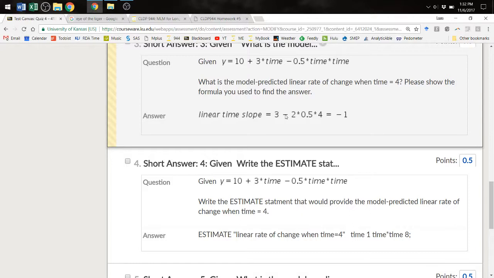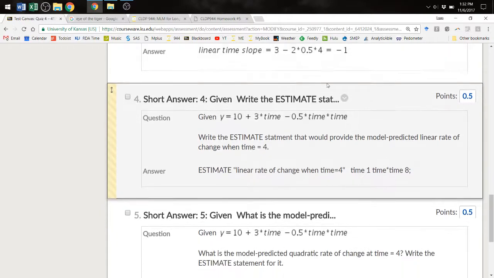From there, we have to figure out what it would be at time 4 instead. So it is the quadratic fixed effect times the value of time at the desired occasion. And then we throw in a 2 because twice the quadratic is how the linear slope changes per unit time. That works out to be -1.